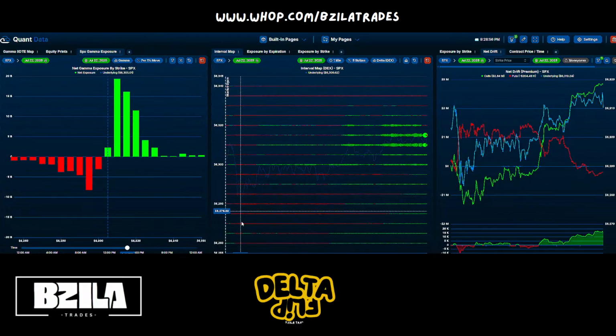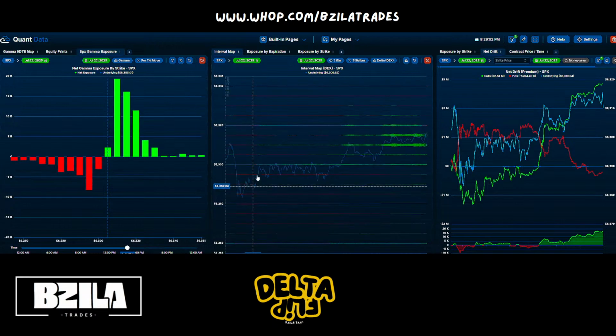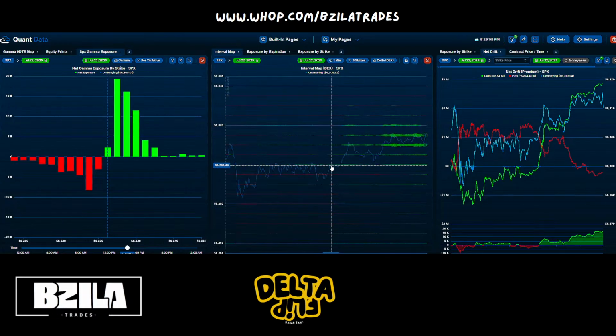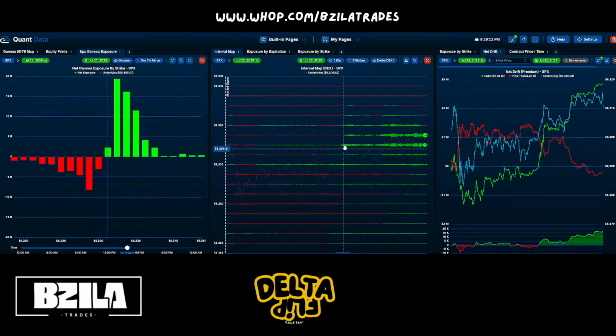Because why? Look at all this delta. All this net delta here was short. And then we started getting a little bit longer. We started getting more. The 6,300 break, a little bit here. At 1 o'clock, you can tell, look how big those got.